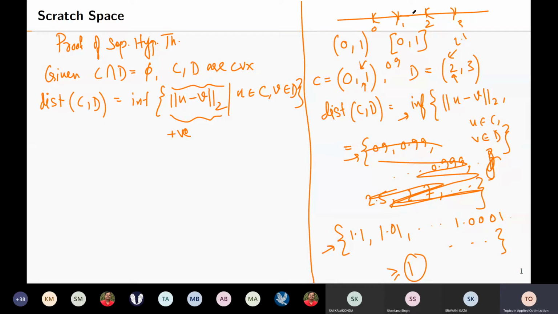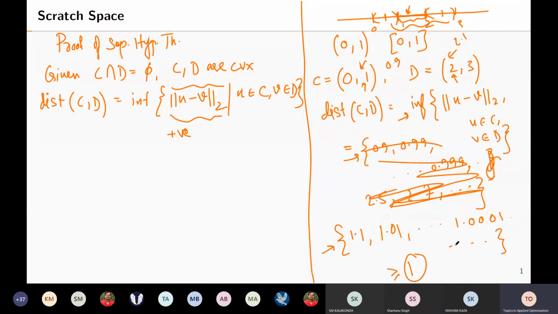The distance between them is defined as the infimum of this set. You can take arbitrary u and v, but those distances are larger. The smallest one that you will get is 1.